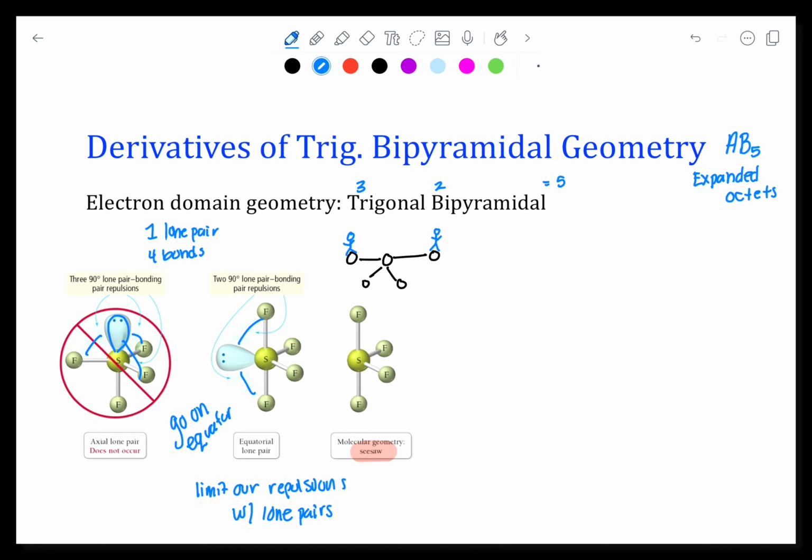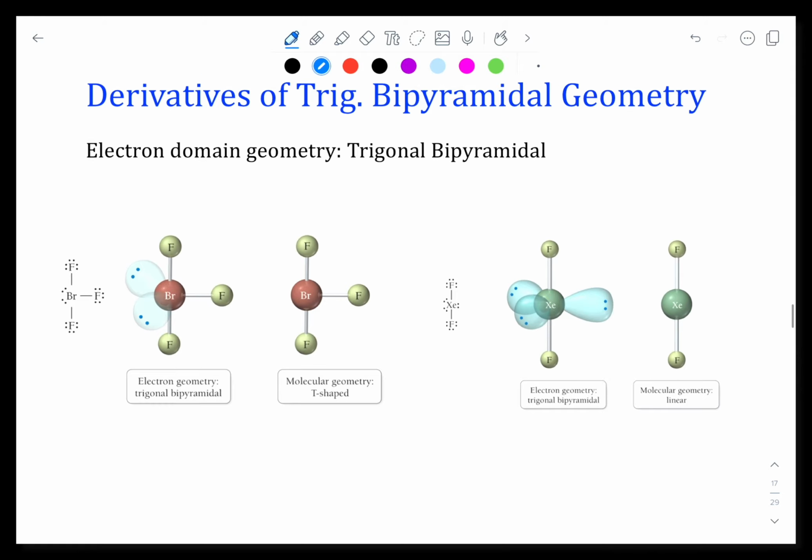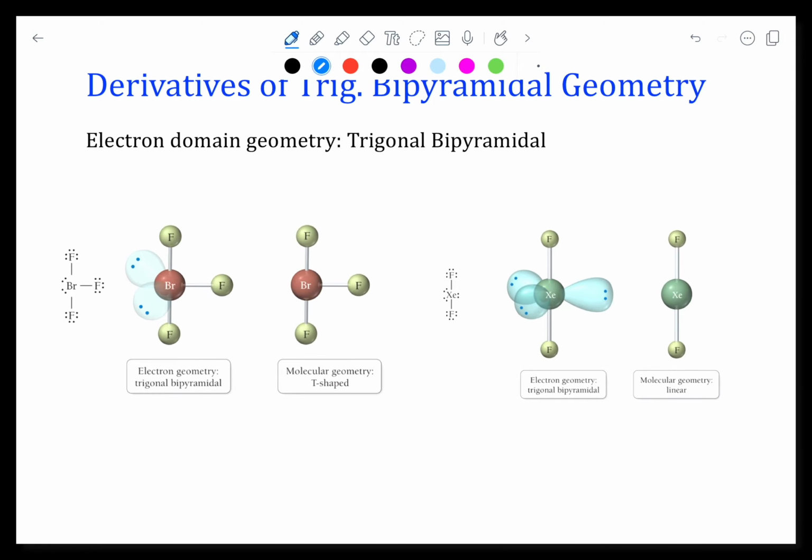So that's one lone pair. What if we bumped it up to 2 lone pairs? So that's our next example down here. These are all trigonal bipyramidal. We just have 2 lone pairs and 3 bonds. So again, that's still equaling 5. Again, our lone pairs are going to go on the equator.